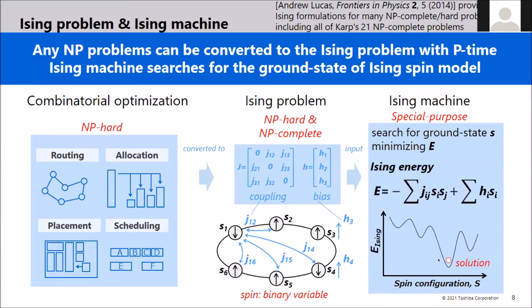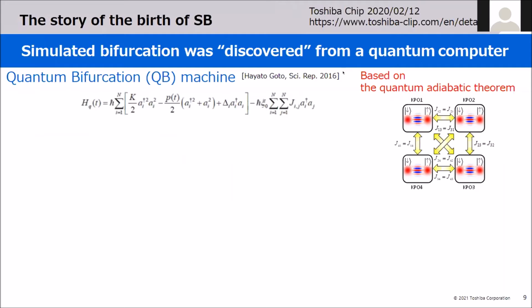The energy minimum spin configuration corresponds to the solution to the target problem. The Ising problem belongs to the NP-complete class. Hence, by definition, any NP problem, including many combinatorial optimization problems, can be converted to the Ising problem with polynomial time overhead.